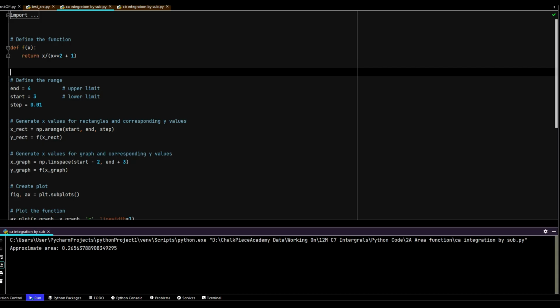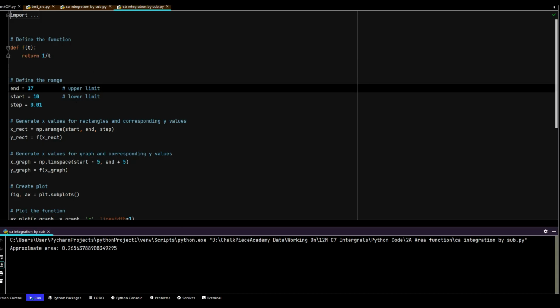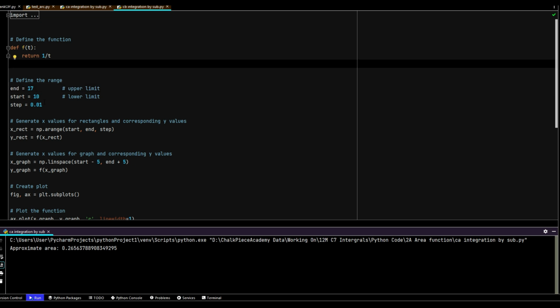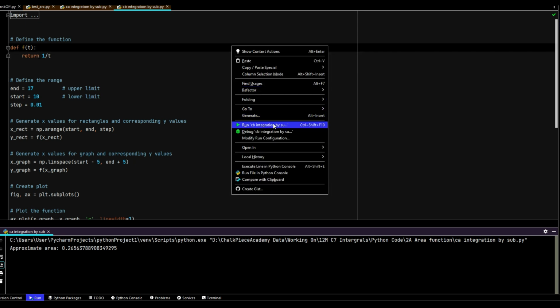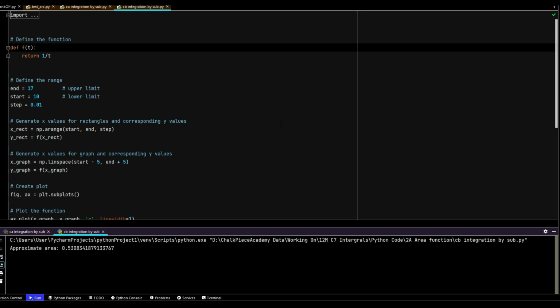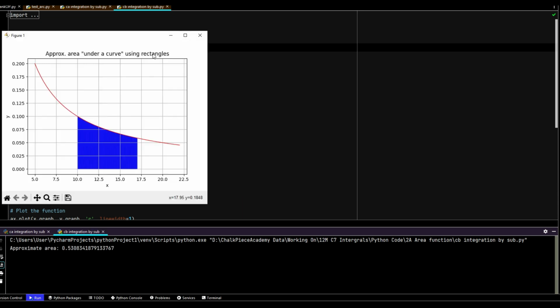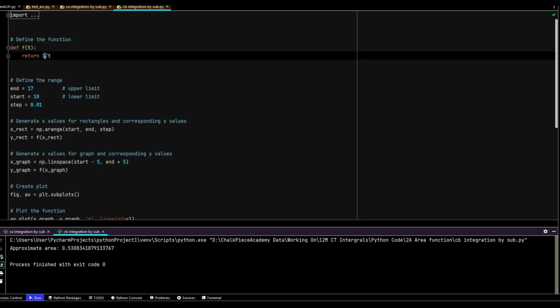Now I'm curious about this actually. When I was doing it, I was curious about it. So 17 to 10, right? And the function is 1 by t and all of that. Oh sorry, 1 by 2t. That's what I was thinking.